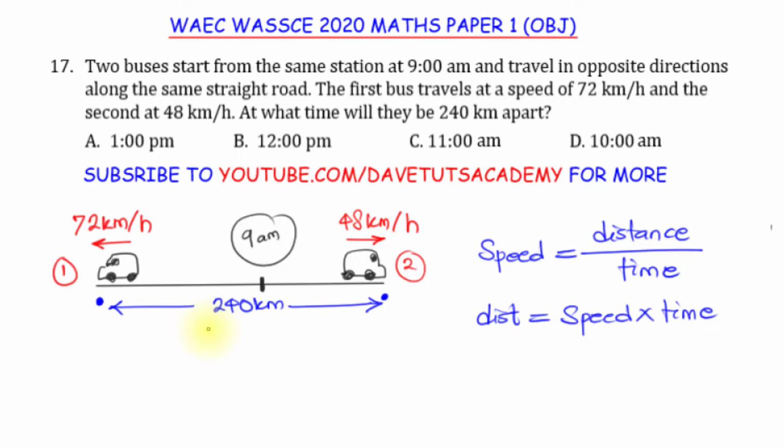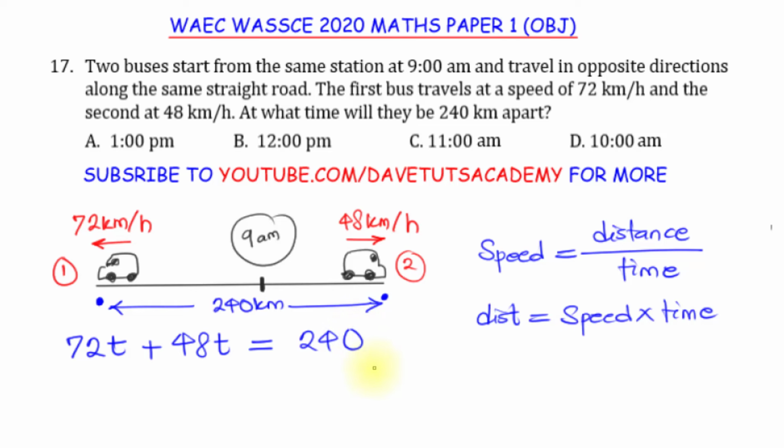So if we use t as the time, then the distance covered by vehicle A will be 72 multiplied by t, okay? And the distance covered by the second bus will be 48 multiplied by t. And the total of those two distances is given to be 240 kilometers.